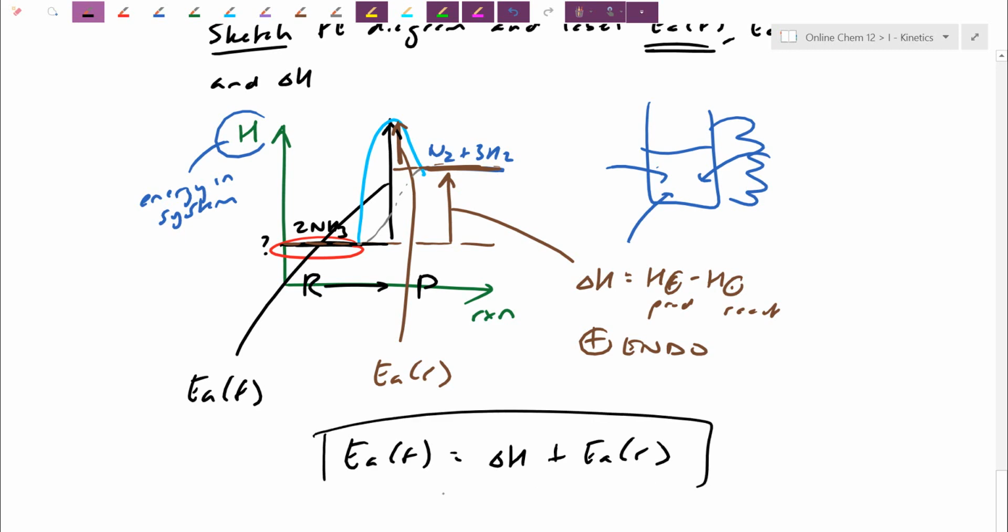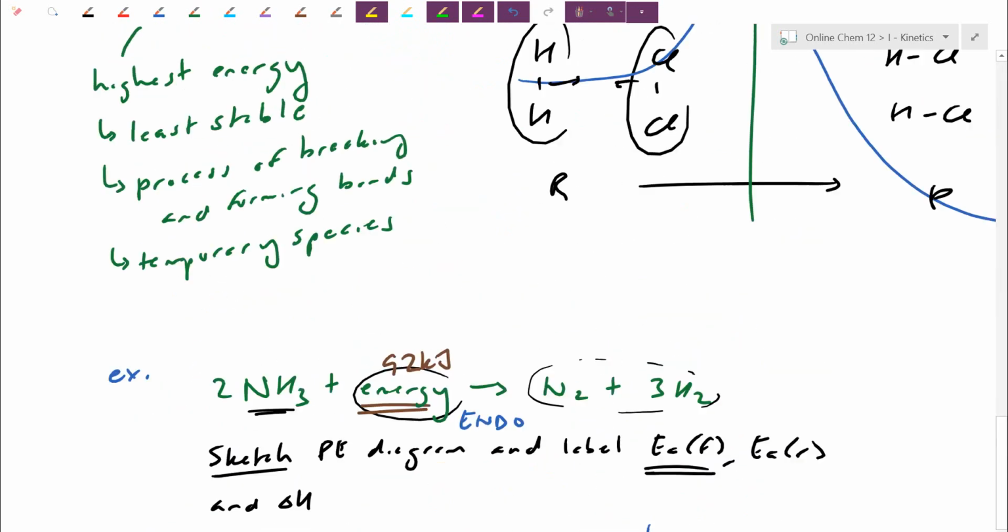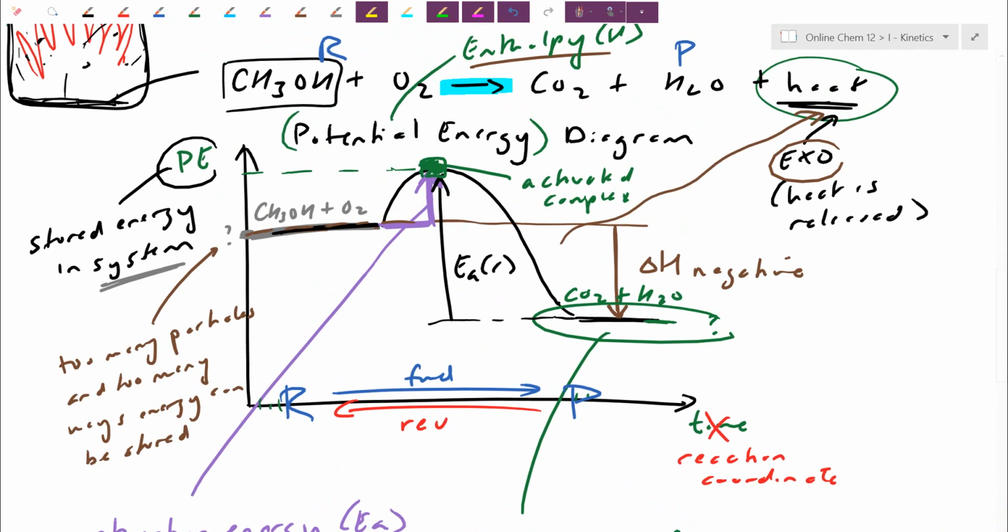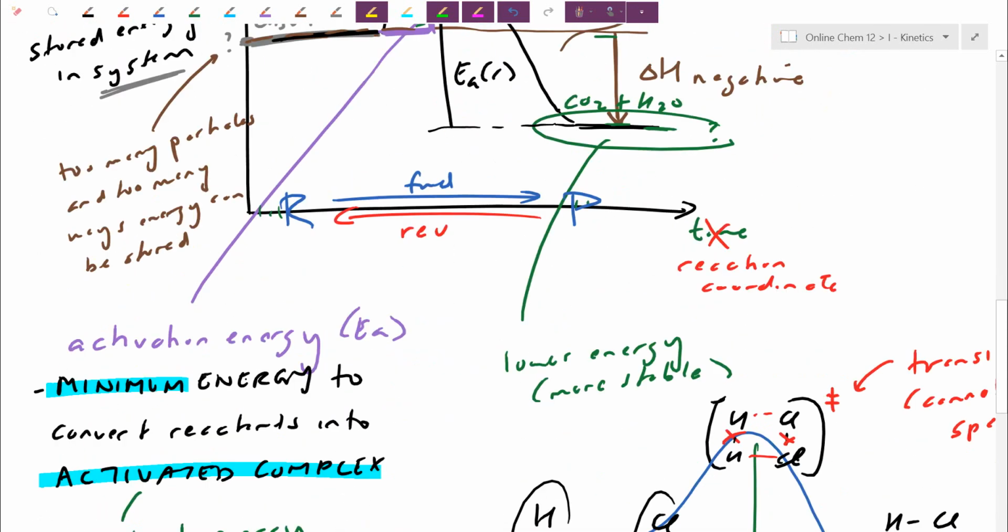I usually find it's easy enough just to draw the picture, so I really don't need this formula at all. Even for an exothermic reaction, it's exactly the same relationship, but you just need to be careful that this delta H is negative when you punch it in, because the forward activation barrier would be the same as the reverse activation barrier there.